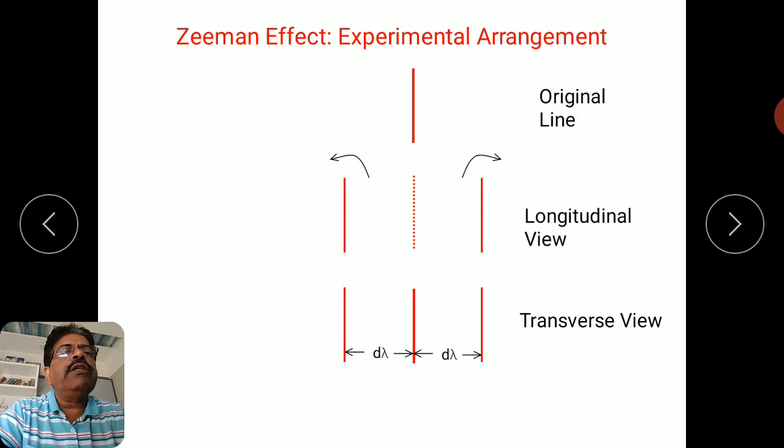This arrow I have shown in an opposite direction. So it indicates that both the lines are circularly polarized, and they are polarized in opposite directions. So this is the longitudinal view.